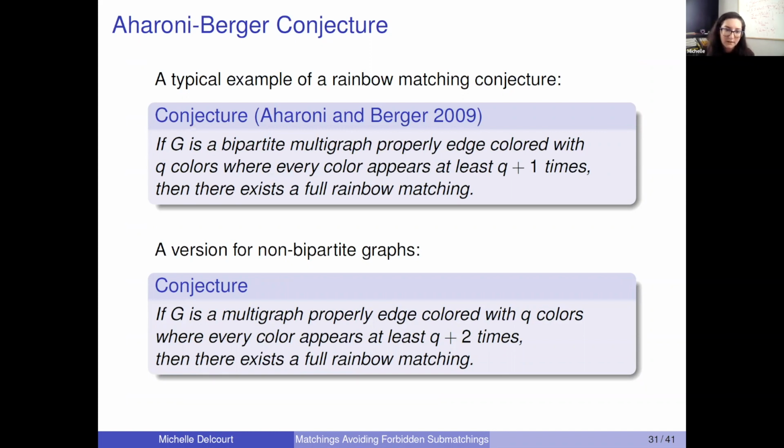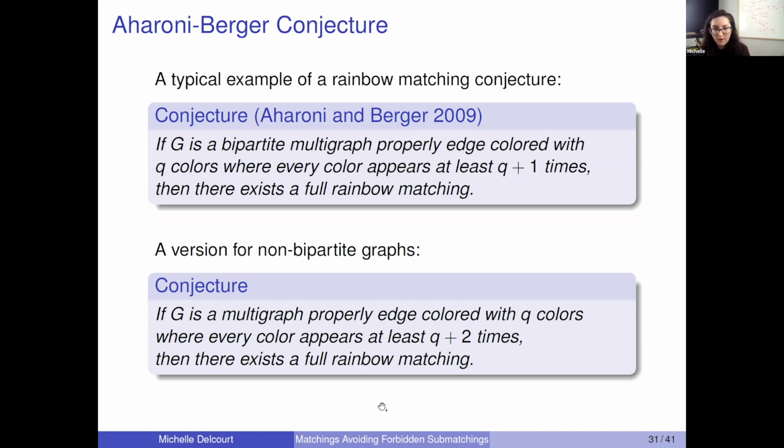So here are some nice conjectures that are a bit difficult. With a bipartite graph properly edge colored with Q colors, each appearing at least Q+1 times, we would like to find a rainbow matching with all Q colors. Or for non-bipartite graphs, with each color appearing at least Q+2 times, finding one with Q colors.